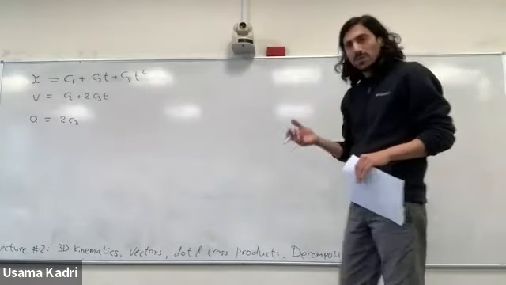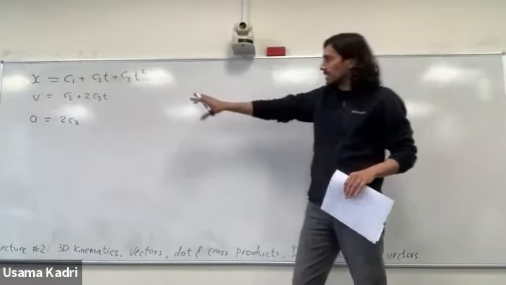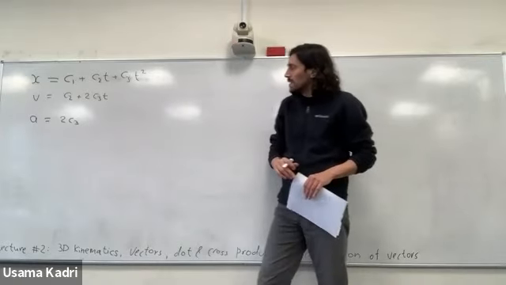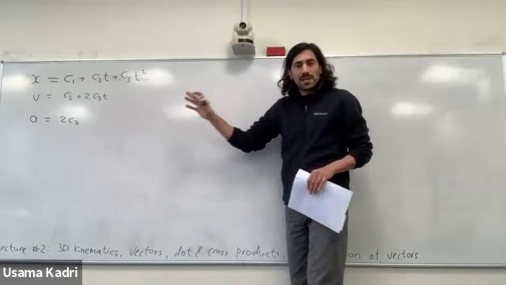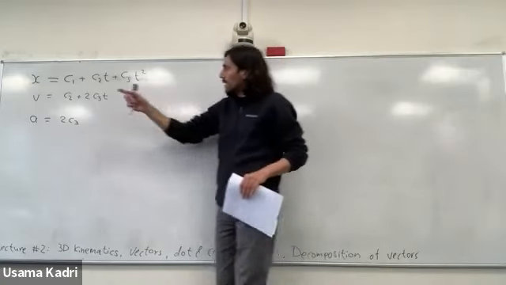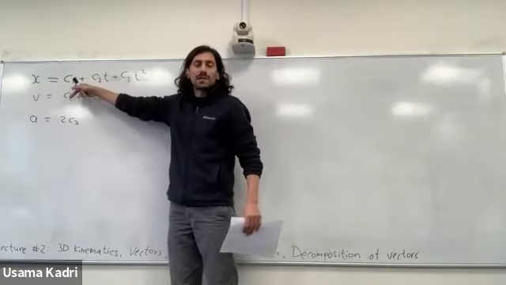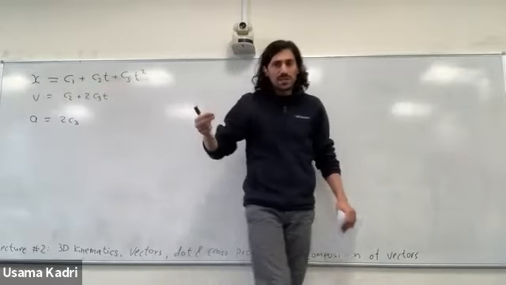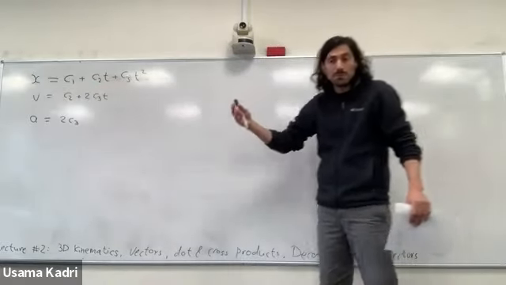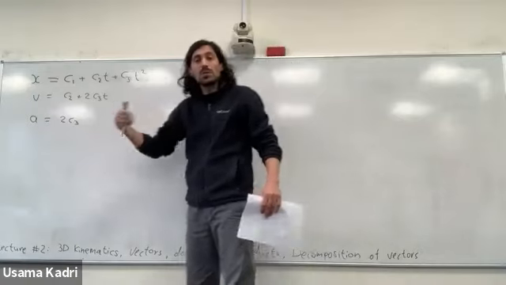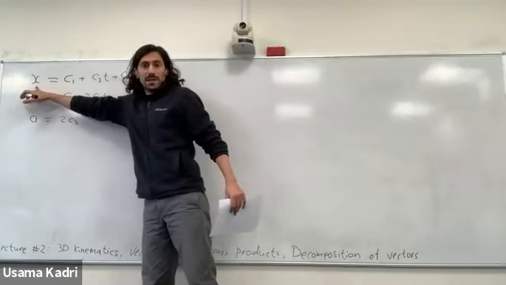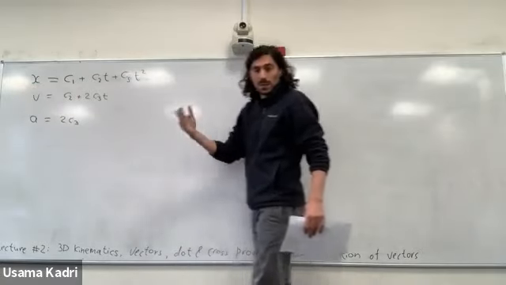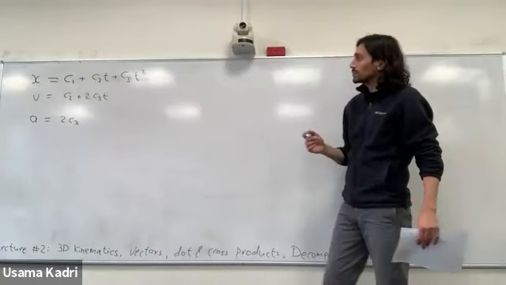Now we can start also talking physics, not only mathematics. Remember when I told you about the units, how important they are. I know that C1 here has to have units of distance, meters, maybe feet, whatever, but it's a unit of length, because x is the position, right?